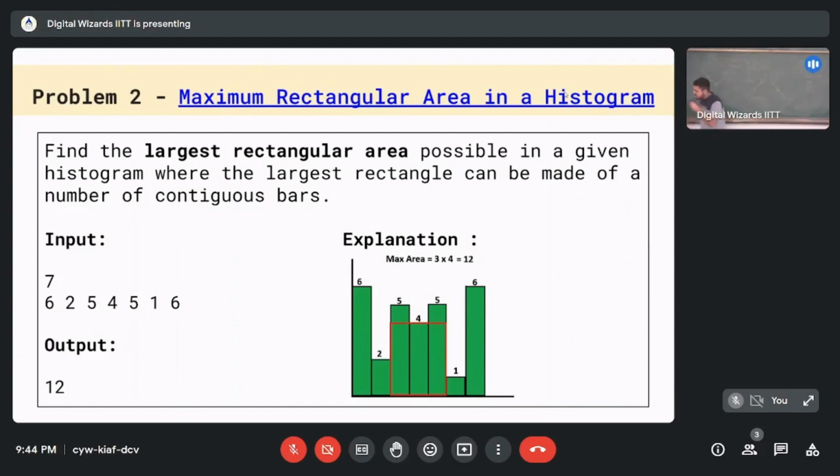So just read the problem statement. We need to find the maximum rectangular area possible in the given histogram, where the largest rectangle can be made of a number of contiguous bars. I think just by looking at the figure, you'll have realized what the problem statement is and what we need to find. So is the problem statement clear for everyone?